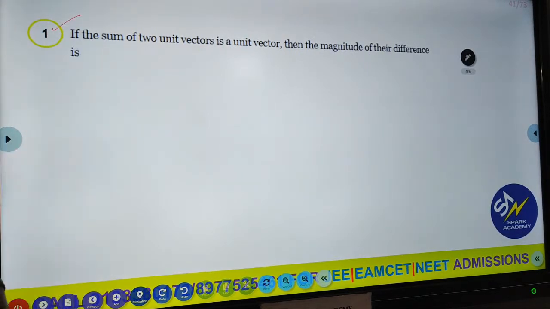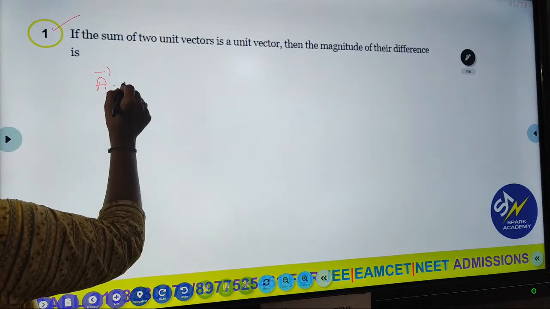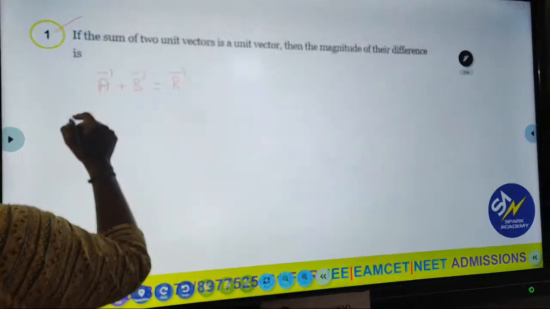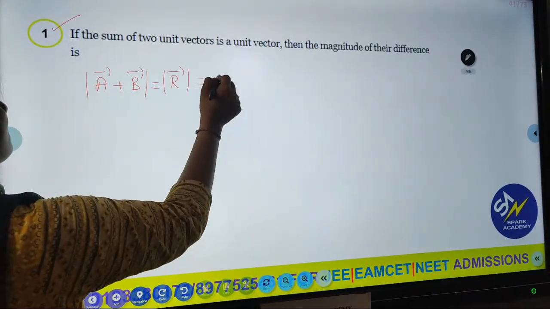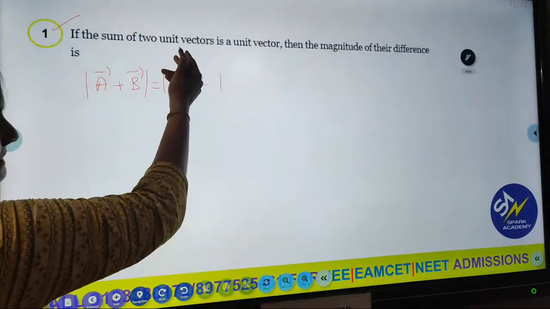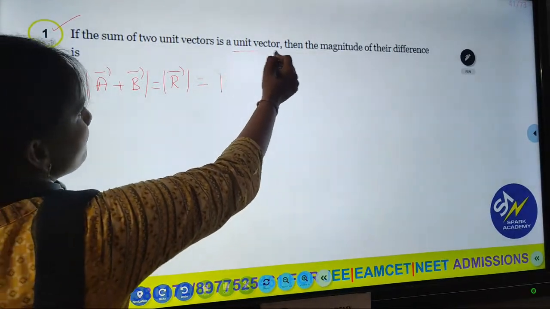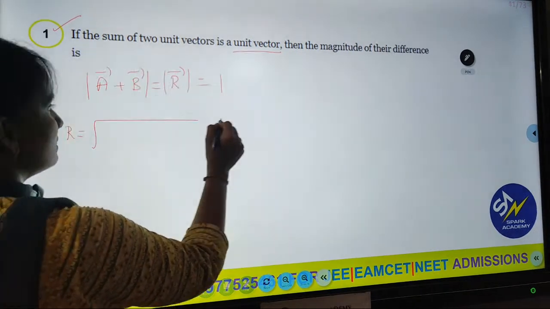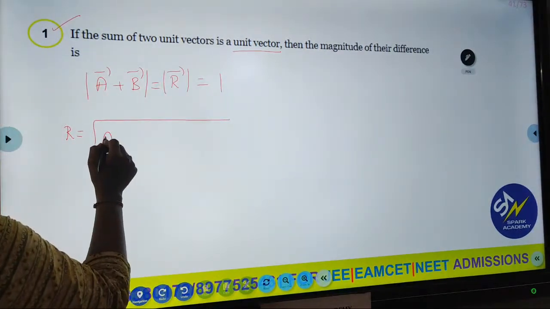And the next question: if the sum of two unit vectors is a unit vector, then the magnitude of their difference is? Let us say two vectors A bar and B bar, their sum is equal to the resultant, and their magnitudes are equal to 1. Sum of these two unit vectors is also a unit vector. So we can use the resultant formula whose magnitude is equal to 1.